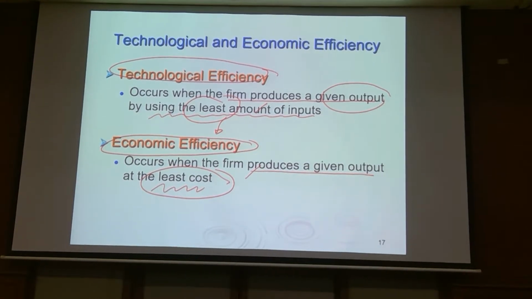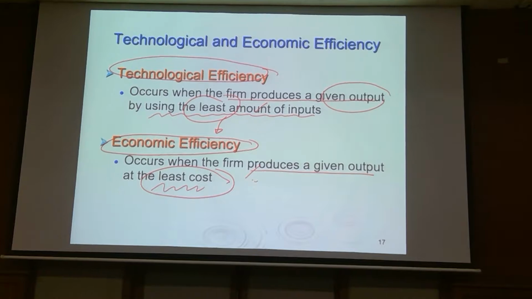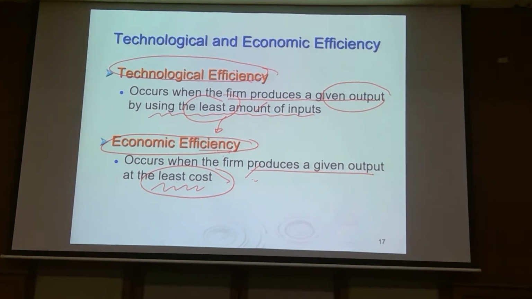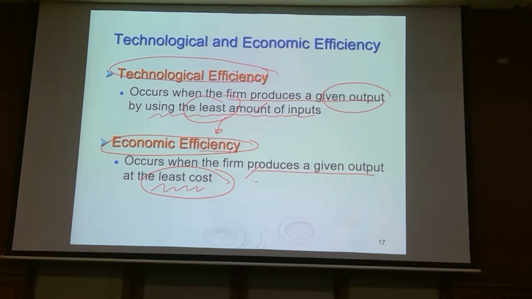Basically. Right? In order to achieve this thing, you need the above one. Okay, but technological efficiency doesn't always guarantee that you're going to achieve economic efficiency because you need this one to achieve this one, but this one doesn't always guarantee the below one. Because here, what are the things that we didn't take into account for now?